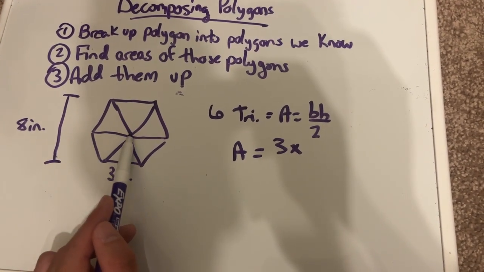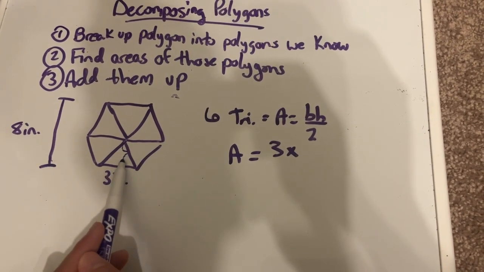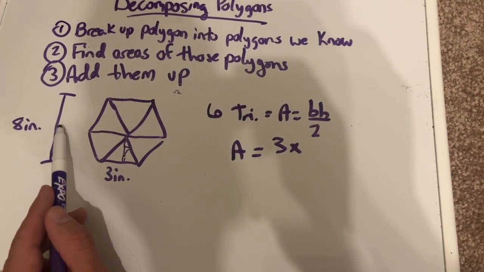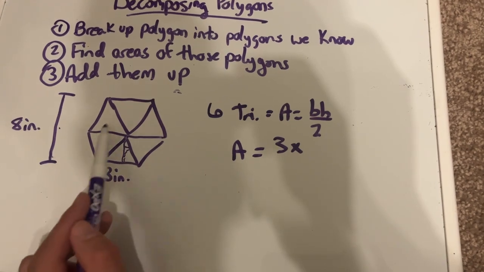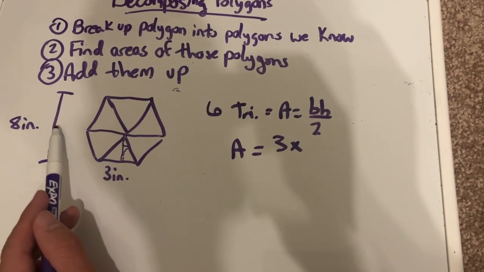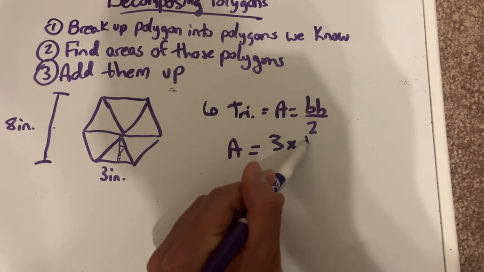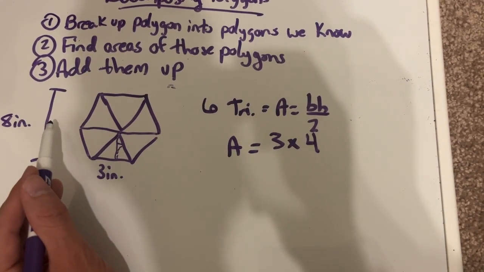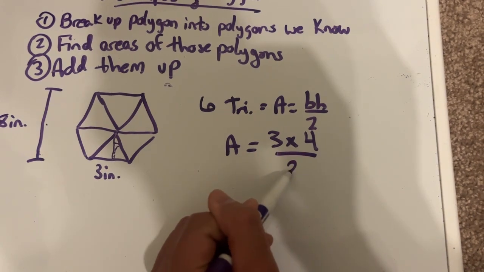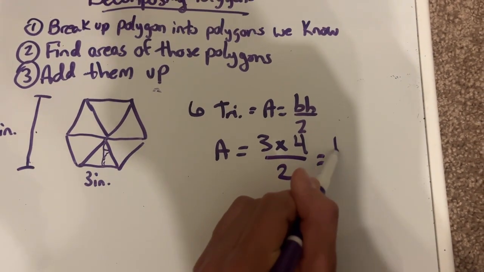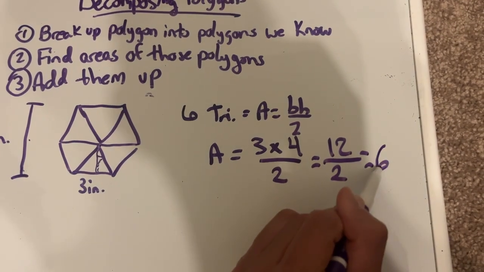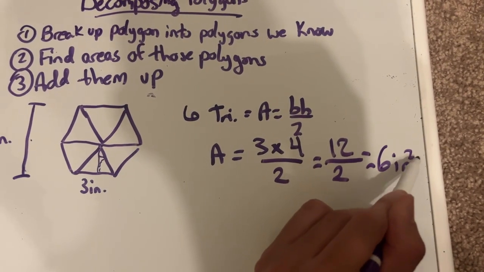Instead, we're going to use the height of this triangle, which is halfway through. Since all the triangles are the same size, we are going to use 4 instead, because that takes us to halfway up the height of the hexagon. 3 times 4 divided by 2 equals 12 divided by 2, and that gives us 6 square inches.